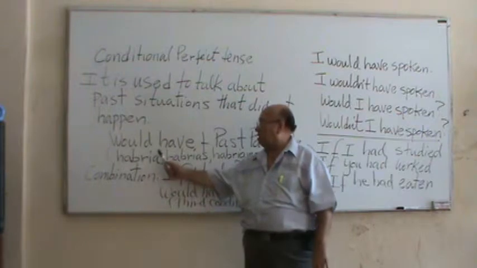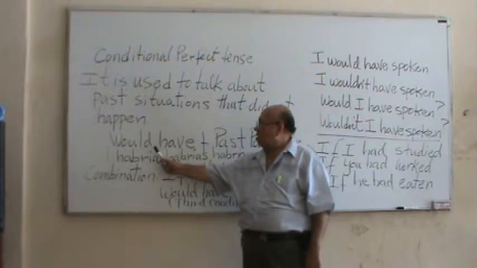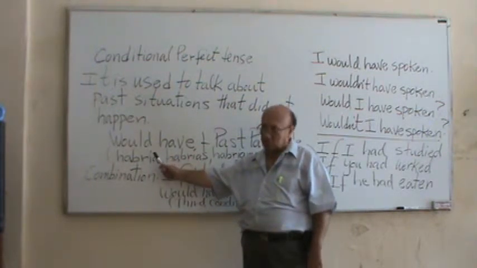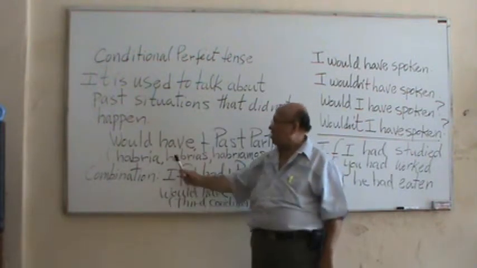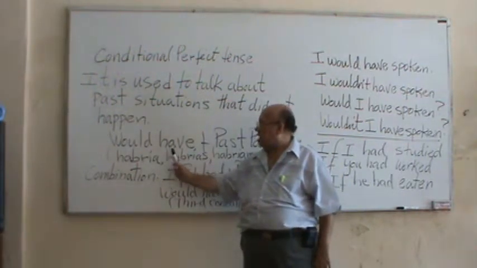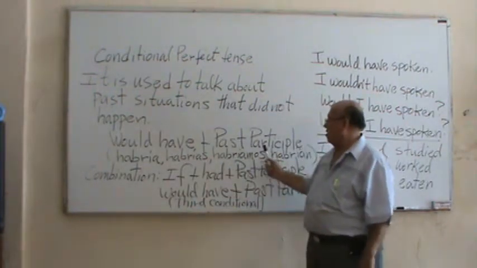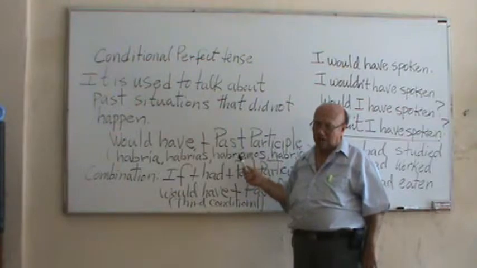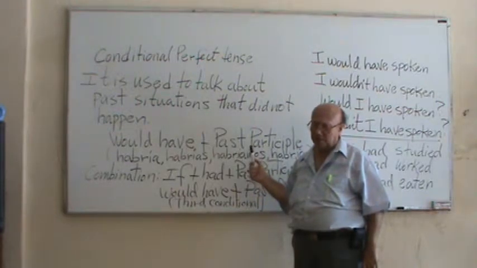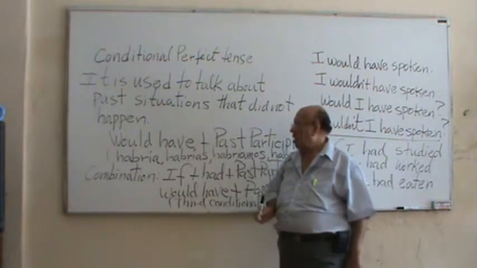The auxiliary, or the combination of the conditional perfect tense, is would have plus the past participle. Would have plus the past participle.